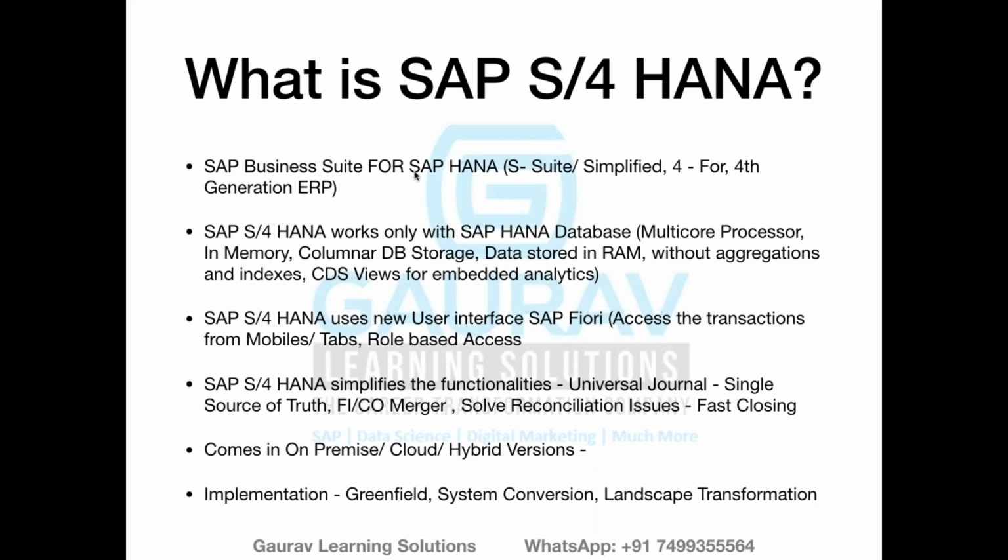So if you have multiple systems, let's say your company is very big, some of the entities are in the US, some are in Europe, and you have two different systems. The European system is using on-premise, your US system is using cloud. In that case, this combination of on-premise plus cloud is called a hybrid option.